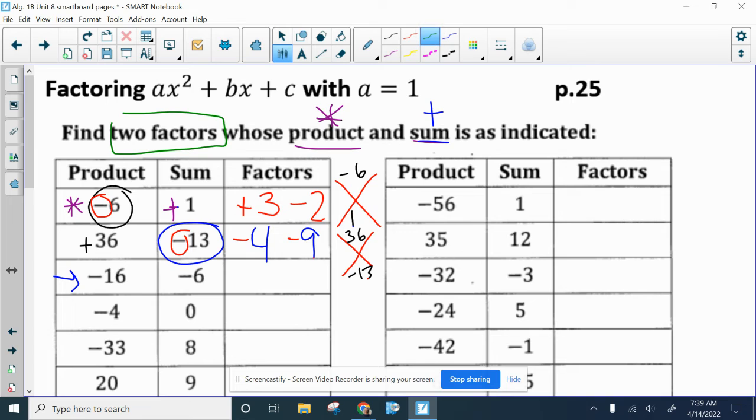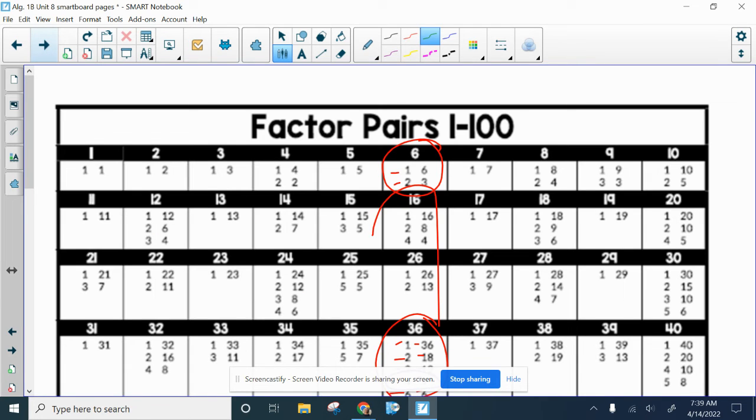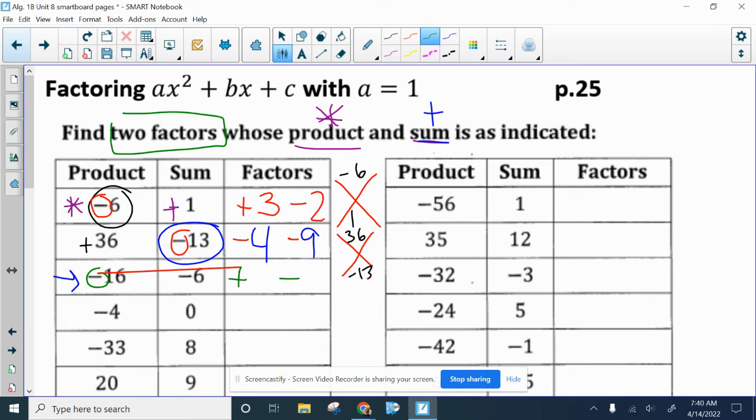All right, so two numbers that have a product of negative 16. If my product is negative, one has to be positive and one has to be negative. As I go to my chart, now we're looking at 16. The sum of the two numbers is negative 6.